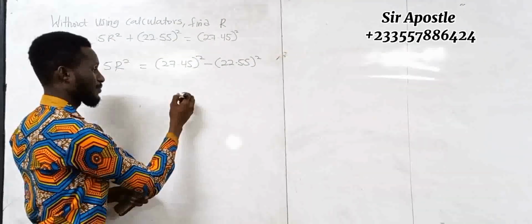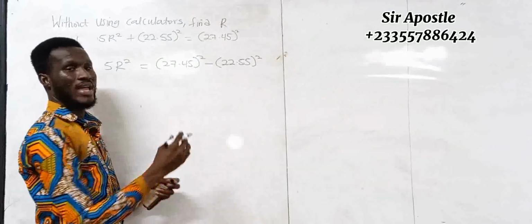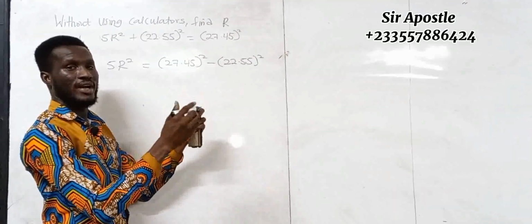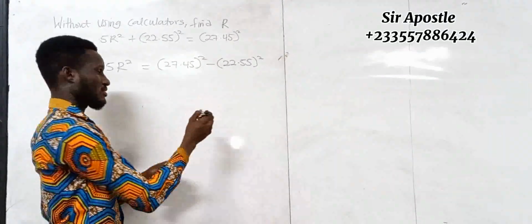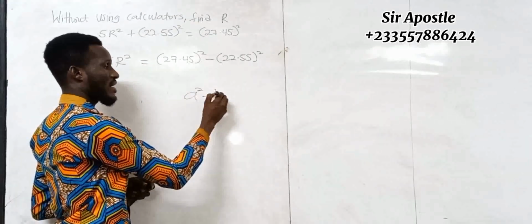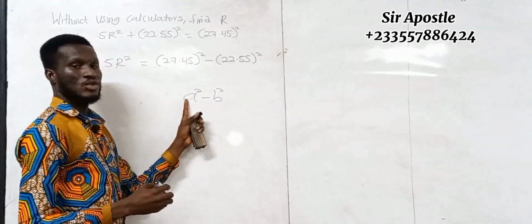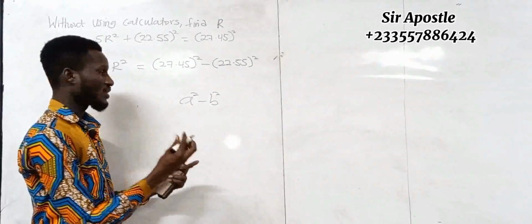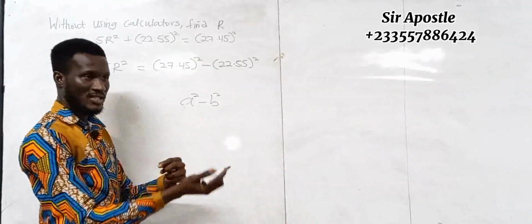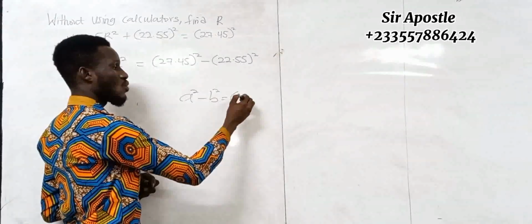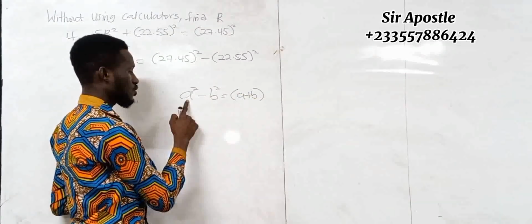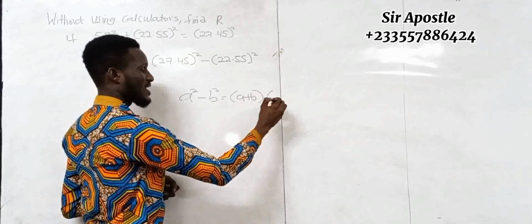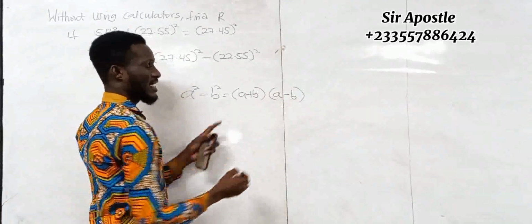How does it look? Difference of two squares is when we have two numbers or two variables squared and they are subtracting, something like a squared minus b squared. This one is squared, this one is squared. We have two square numbers. Difference means subtraction. In factorized form, it is the same as you add the bases, a plus b, then you subtract the bases, a minus b.